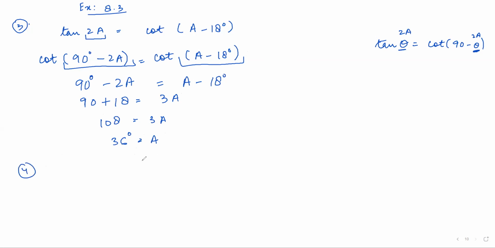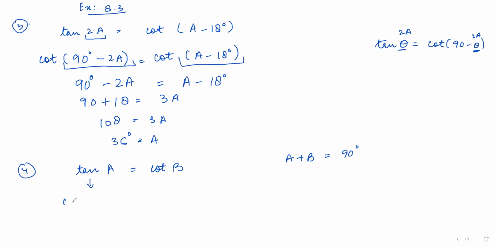Fourth one is almost the same. It is saying that tan of A is equal to cot of B. You have to prove that A plus B is equal to 90 degree, right? Okay, see, this is very simple. You can convert either one side, convert tan or convert cot. Let me convert this tan.